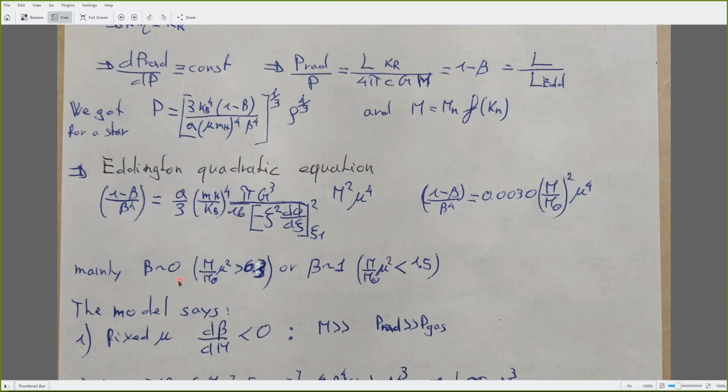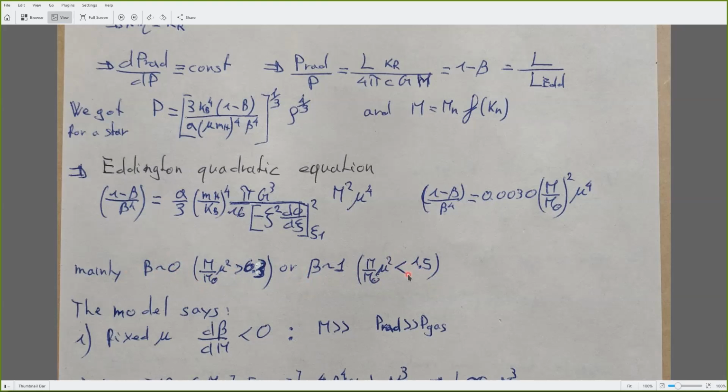More or less, between 0 and 0.2, and more or less between 1 and 0.8.